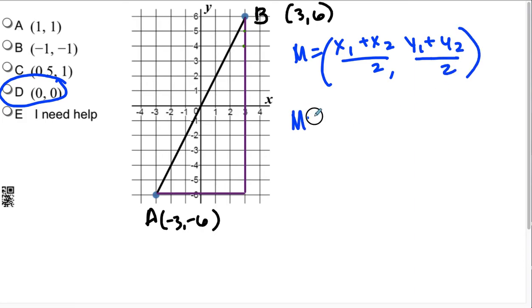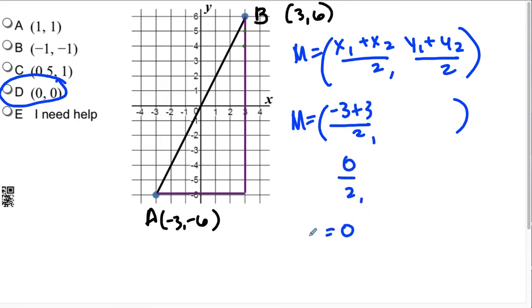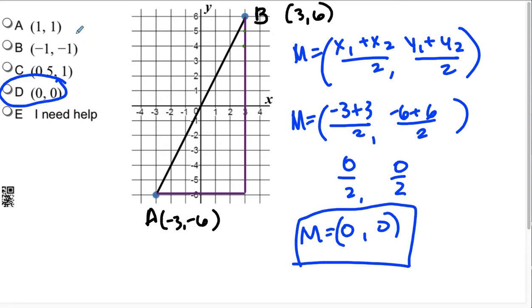So m is equal to, x sub 1 here is negative 3, and x sub 2 here is 3, over 2. Negative 3 plus 3 is 0, divided by 2 is 0. And now y sub 1 is negative 6 plus positive 6 over 2. And again, that will give me a 0. That's my midpoint.